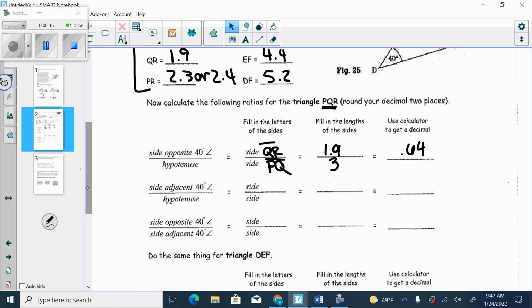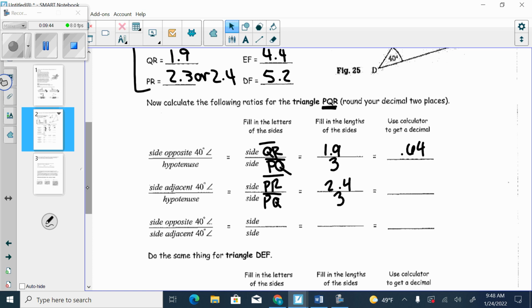All right. So for the side adjacent to 40, what side is adjacent to 40? PR. And you already told me that the hypotenuse was PQ. So we said that side PR was about 2.3 or 2.4, divided by, again, our hypotenuse, which we said was 3.